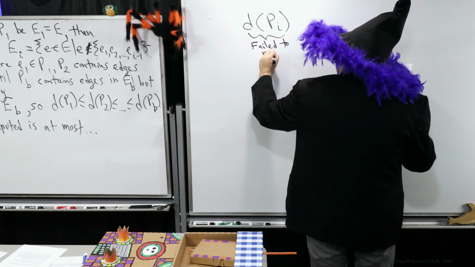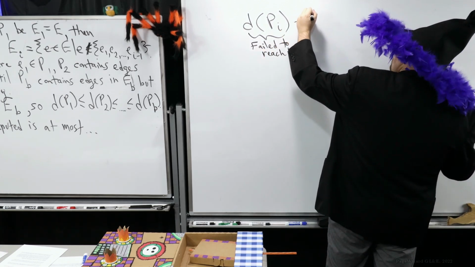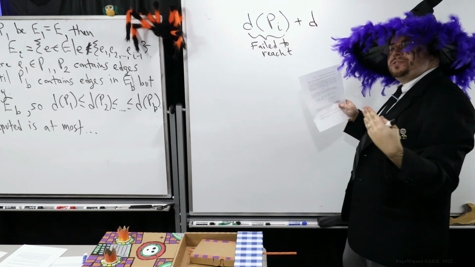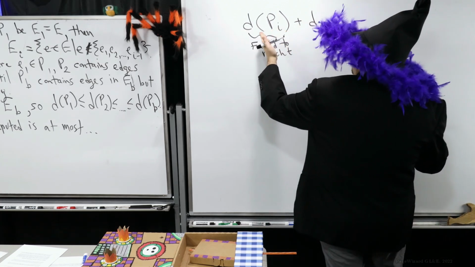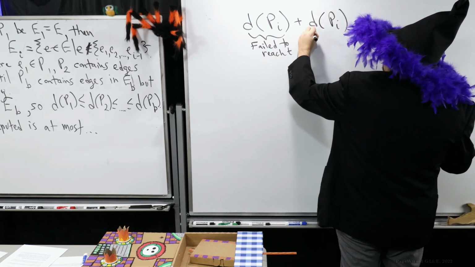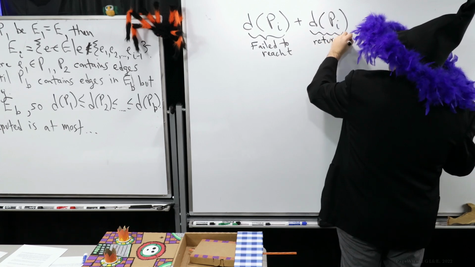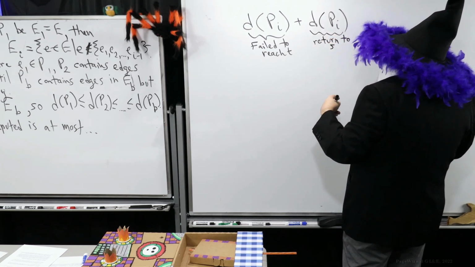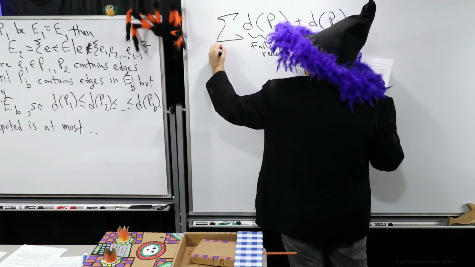So it failed to reach t in this one attempt. And then, of course, what does the reposition strategy do? You go back to s, right? Which surely cannot be longer than just the length of pi, right? So you return to s. But how many times do you fail? b minus 1 many times, right?